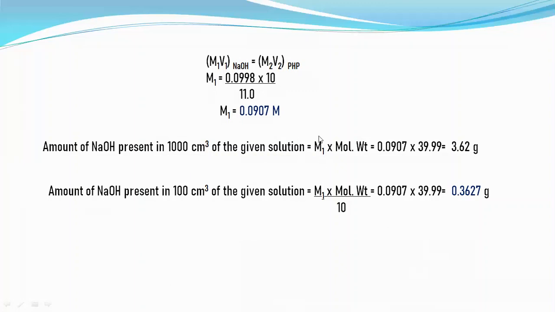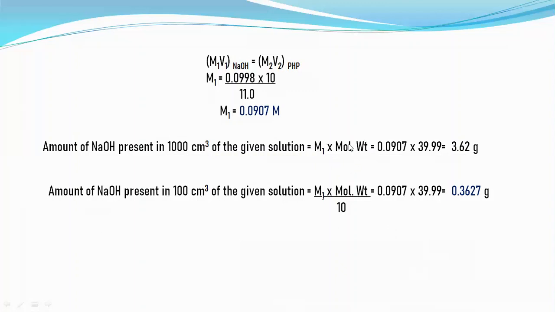The concentration expressed in molarity, into molecular weight, gives the amount of NaOH present in 1 liter or 1 dm cube or 1000 cm cube of the solution. So the molarity, you directly substitute from here, 0.0907 into the molecular weight of NaOH.